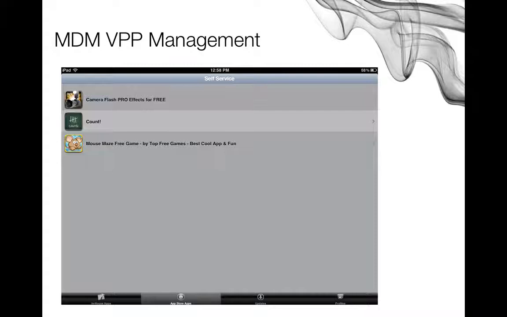What Casper lets you do is you still purchase your codes on the Apple site. You don't purchase codes within the MDM. You go to the Apple site, you purchase your codes, you create your program facilitator accounts, you do all those things on the Apple site, and then you log into Casper and you upload your codes. And then you can scope those codes to groups of devices or individual devices. And then on a particular device, in the self-service portal, all the apps that have been purchased for that device show up.